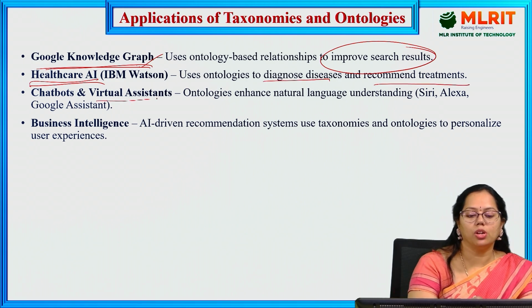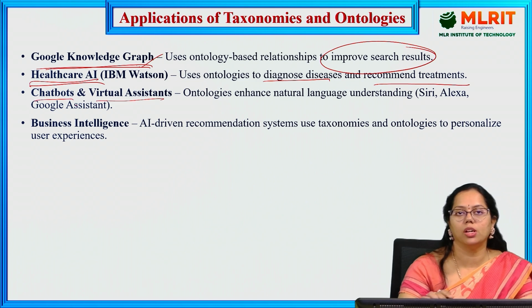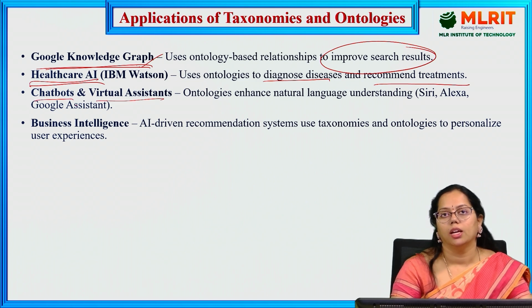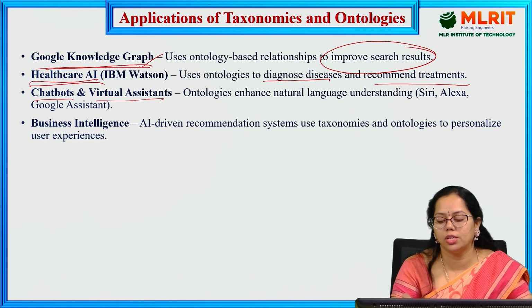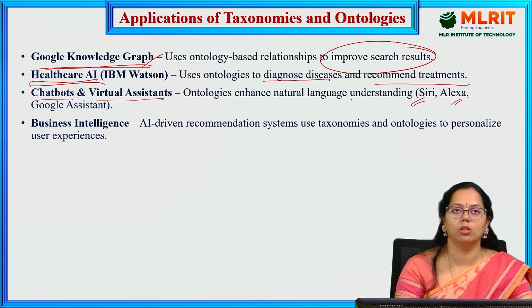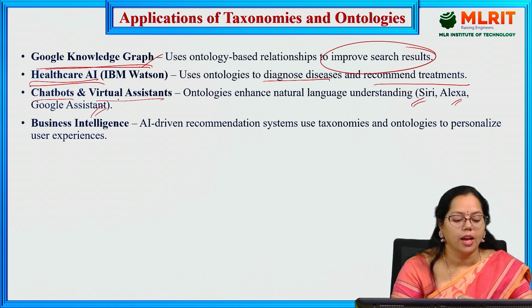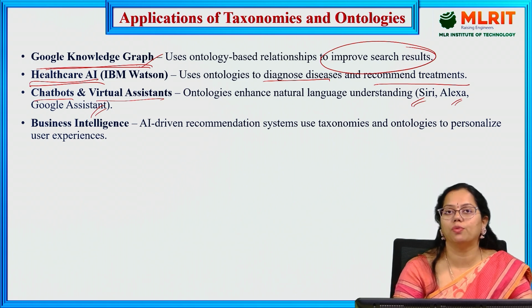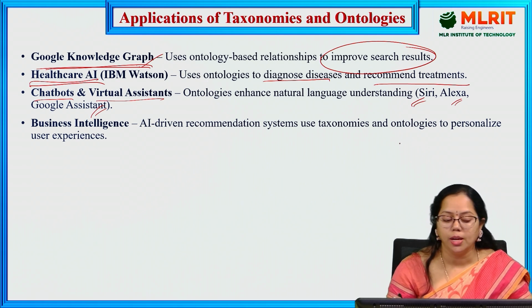Chatbots and virtual assistants: here, the ontology enhances natural language understanding, like Siri, Alexa, Google Assistant, and so on. Another application is business intelligence, where AI-driven recommendation systems use taxonomies and ontologies to personalize user experiences.